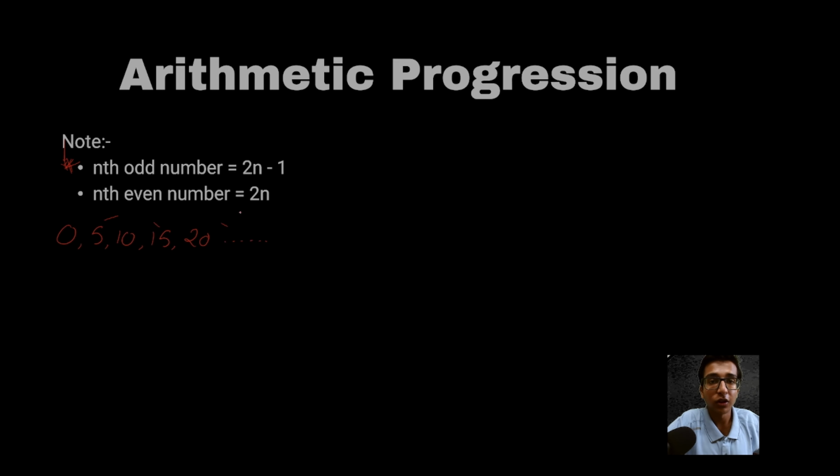So if we were to find out what would be the nth odd number, then we can simply find it by using this formula. Nth odd number would be the (2n minus 1)th term from start. And if we were to find out the nth even number, that would be the 2nth term from start.